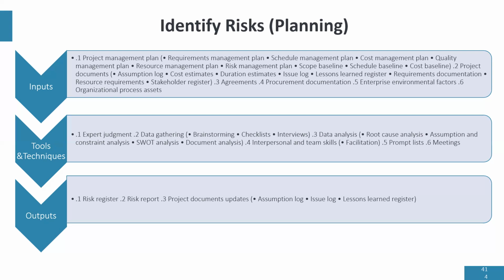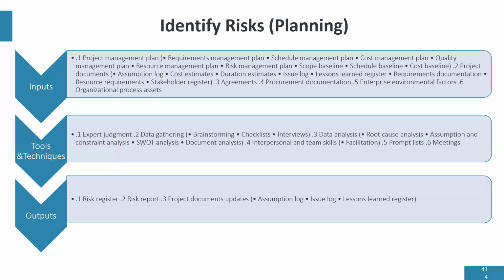That's where it becomes a prompt list, where you're asking, what are the political risks on my project? What are the economic risks? For example, if your project is based on USD and you're in Nigeria, economic risk could be fluctuations in exchange rate. So you use different methods to identify risk.